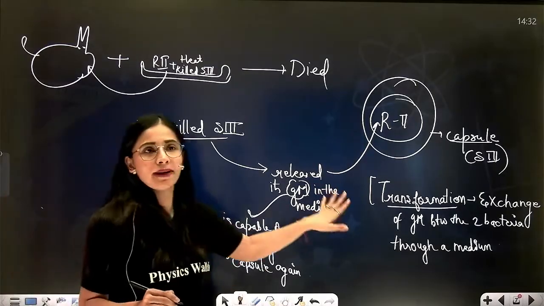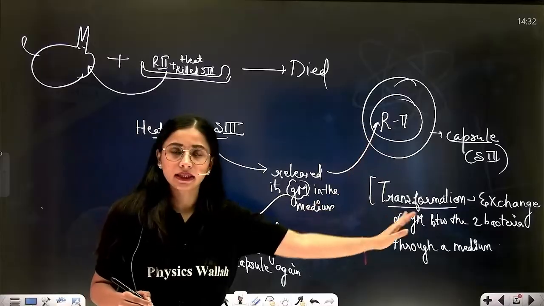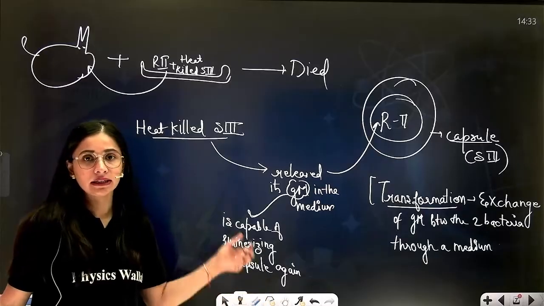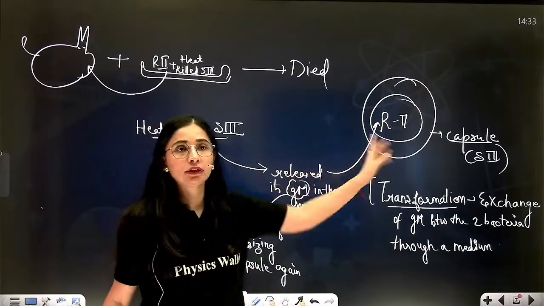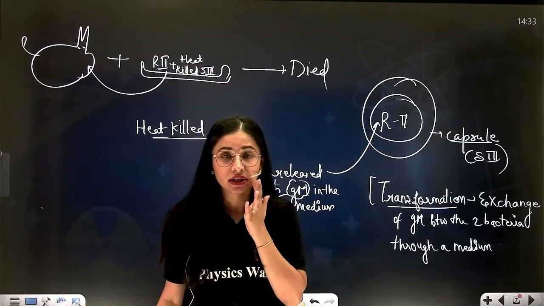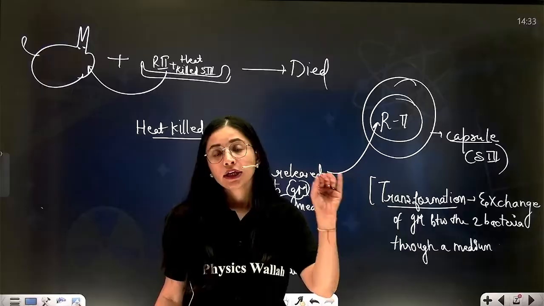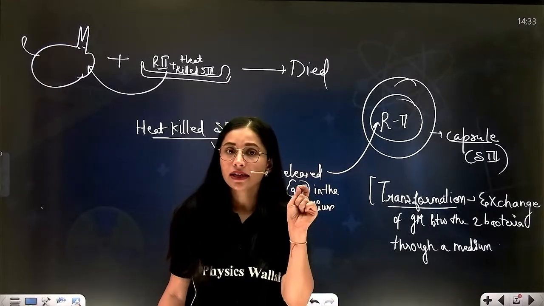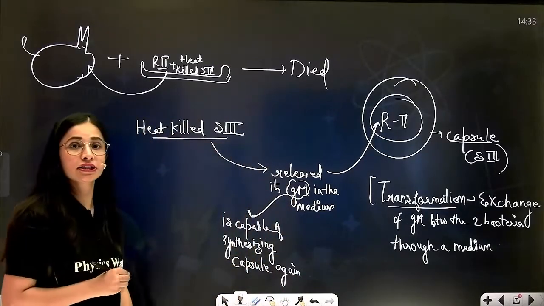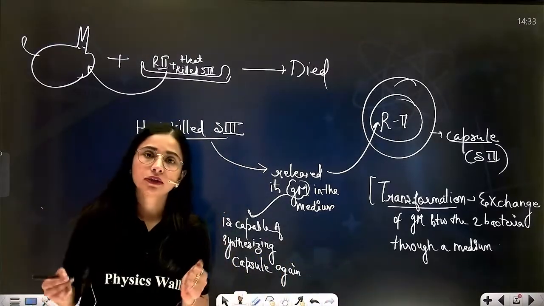See, this is the experiment by Griffith. Griffith's aim was simply to show the exchange of genetic material. However, he could not prove the nature of the genetic material transferred from S3 to R2. In his conclusion he simply mentioned that okay, there is some genetic material which is getting transferred, but he could not decode its nature, whether it is DNA, RNA or protein.